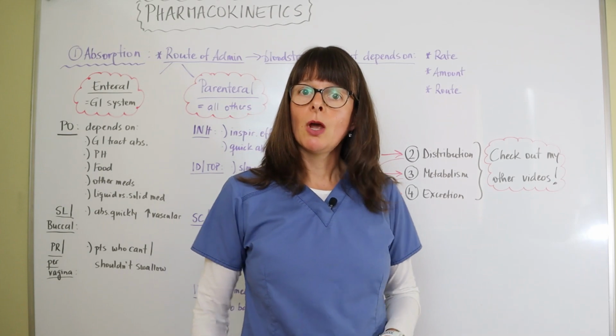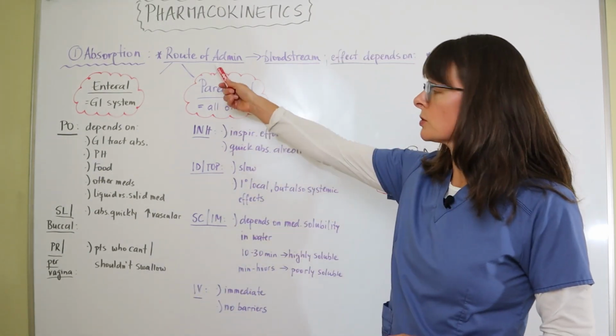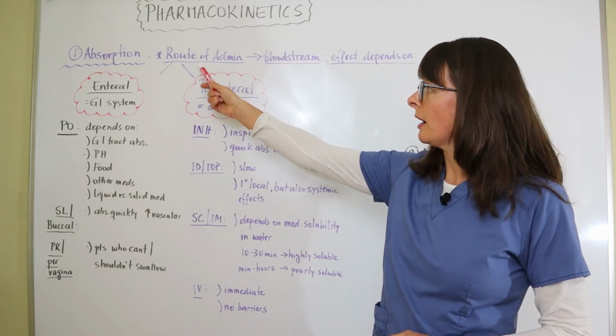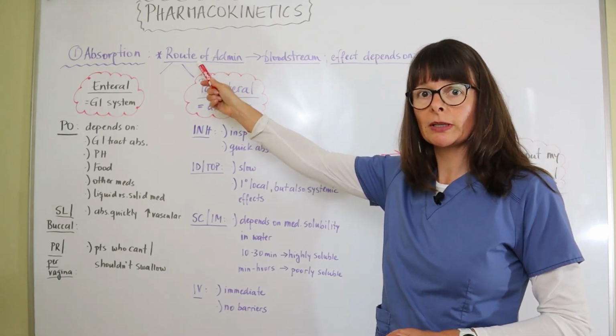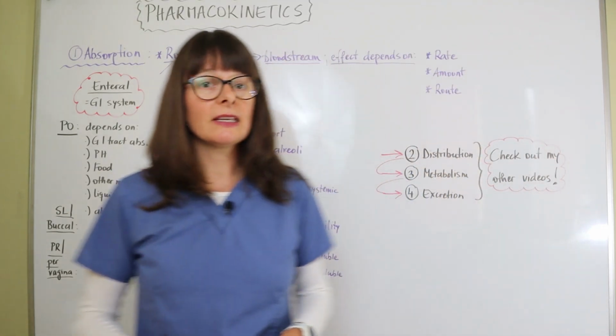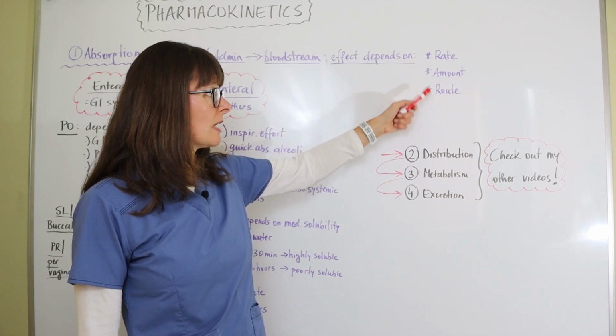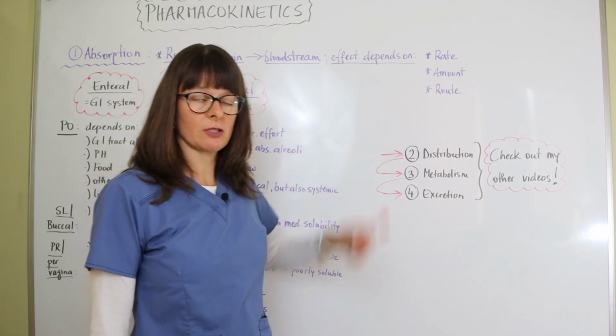So first of all, for absorption, it depends on the route of administration and how long it takes from administering the medication for it to reach the bloodstream. And the effects depend on the rate, the amount, and the route of administration.